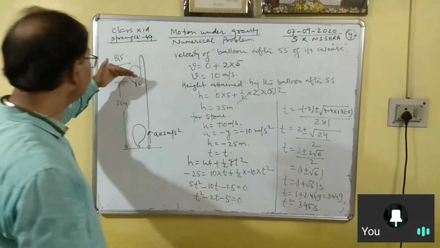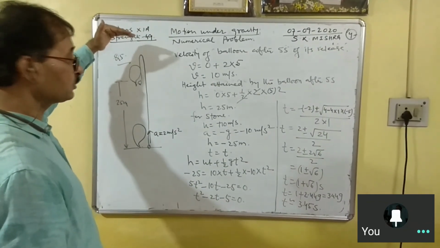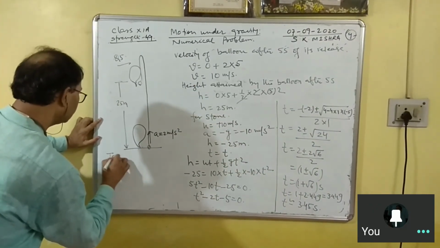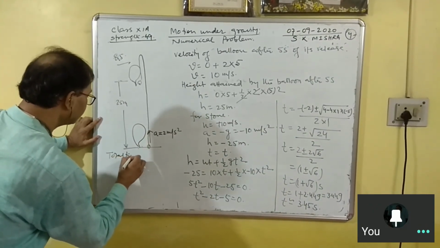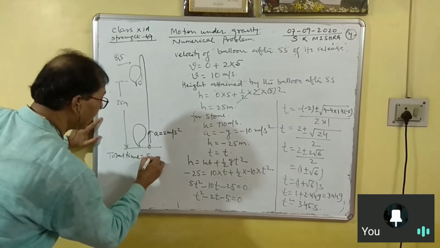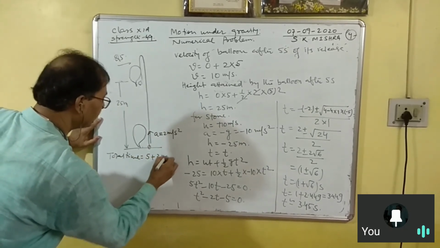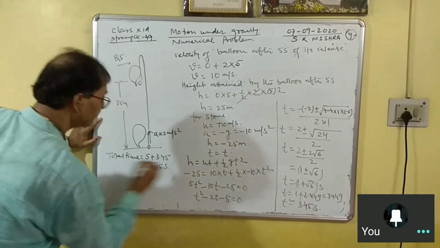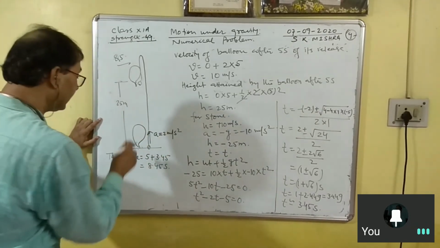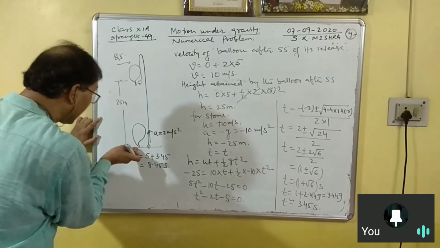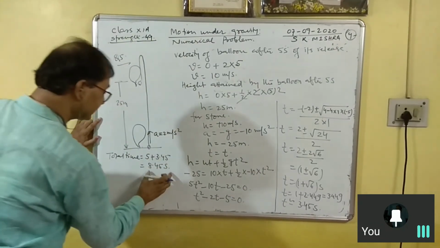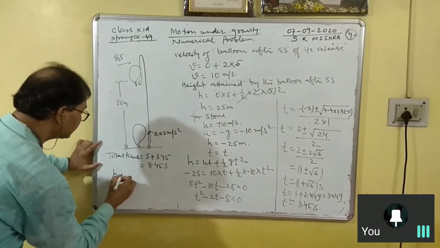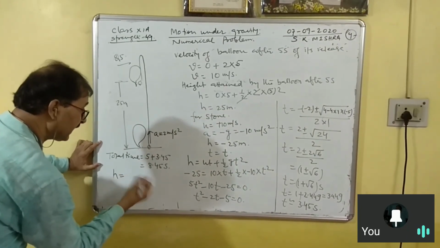So how much distance will it cover? Just take the total time, which is 5 plus 3.45, that is 8.45 seconds. If you want to find the height from the ground, then take t equal to 8.45 seconds and use the relation h is equal to ut plus half gt square.